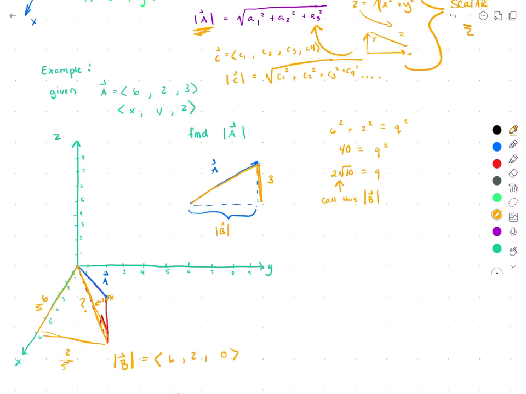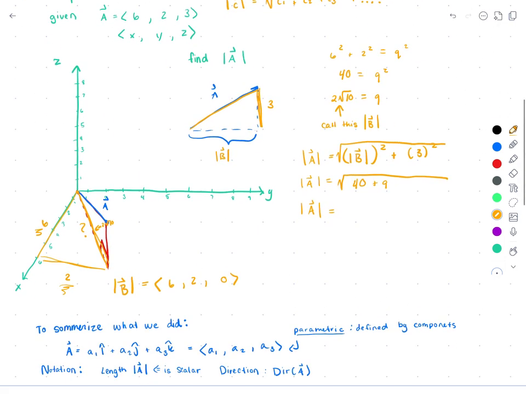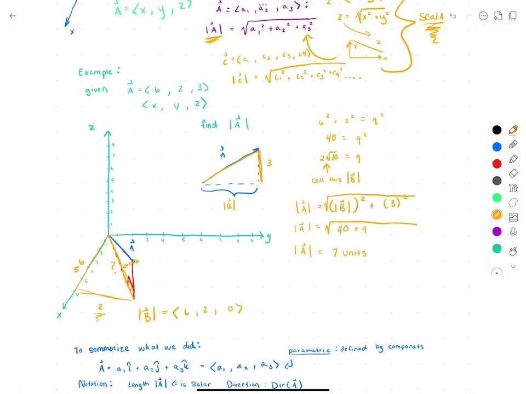I can do the same thing I did to find the length of B, and I can use the Pythagorean theorem essentially to find the length of A, which would give me the length of B squared plus 3 squared for my other component, which would equal, square root, 40 plus 9, and the length of A will be 7 units.